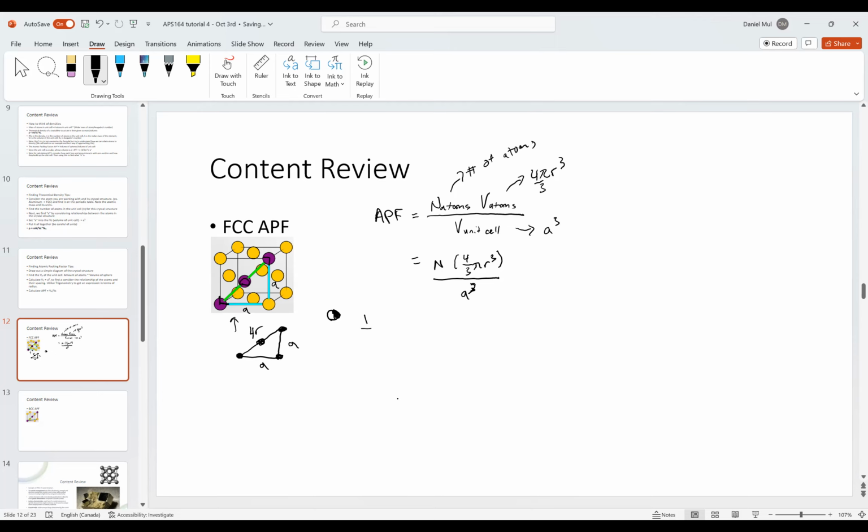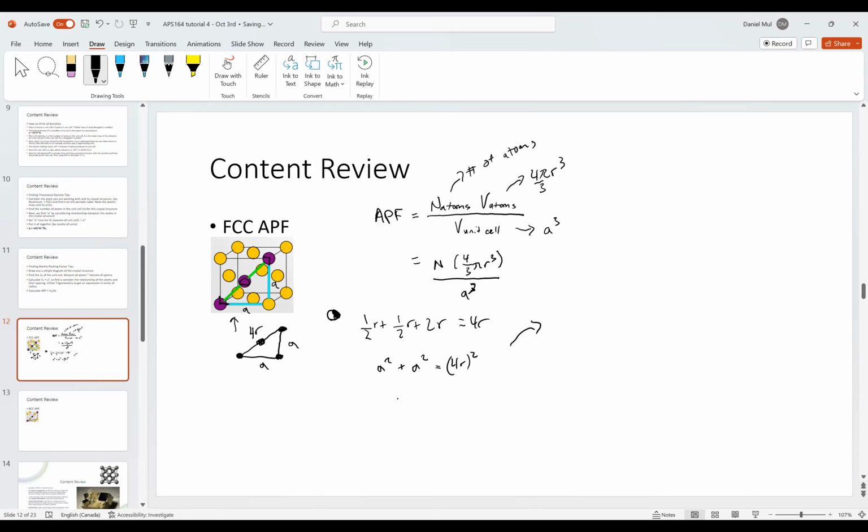So I'll just put 1/2, and then another 1/2, and then a 2, and we get 4r along the diagonal. Since every face is the same, we can solve for a and its relationship with r. If we think about some trigonometry, we use the Pythagorean theorem: a squared plus a squared equals 4r squared.